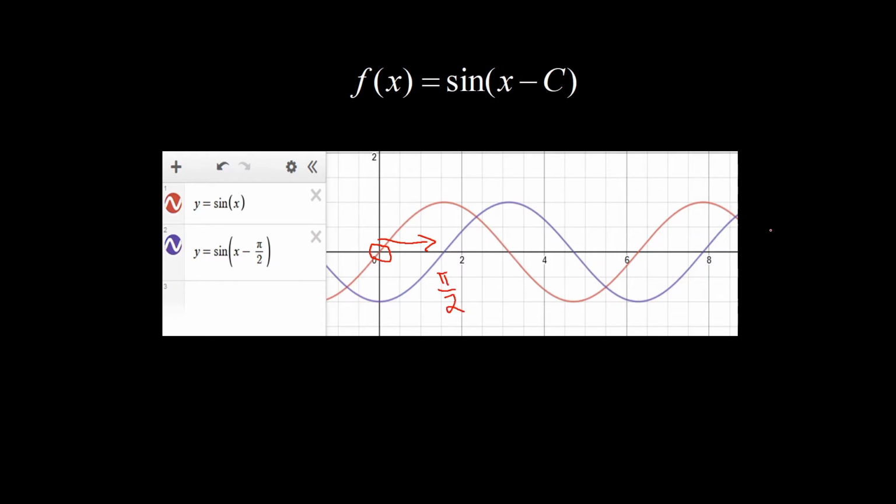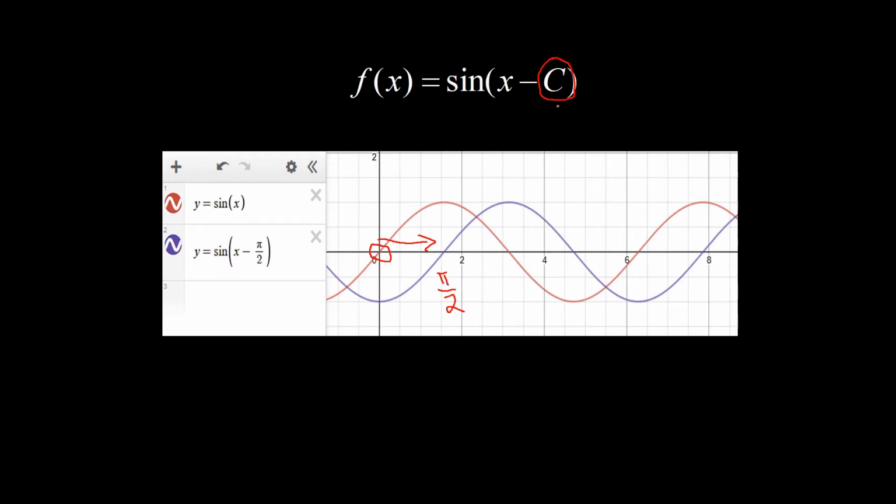And this is what we mean by a phase shift. It means how we move our function left or right. If c is positive, the function moves to the right.